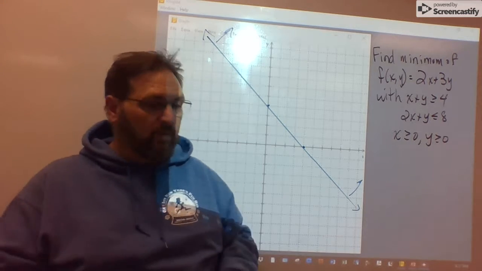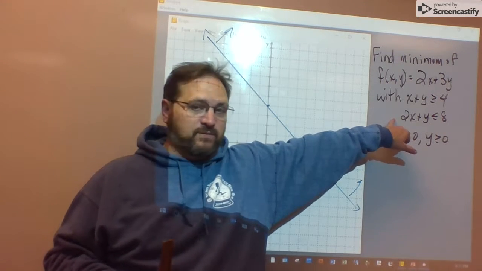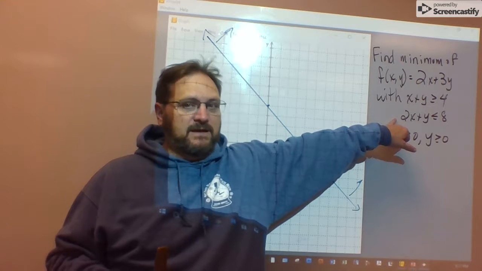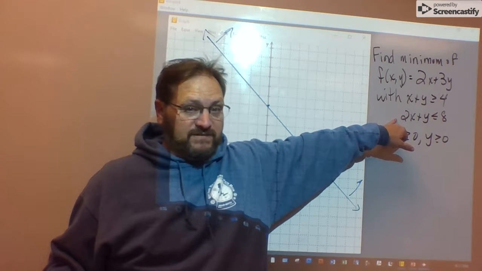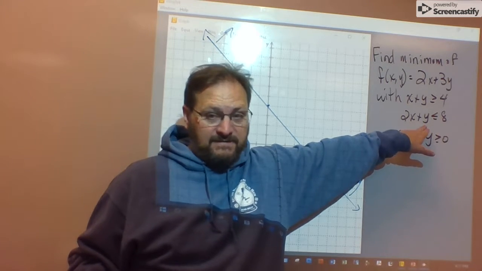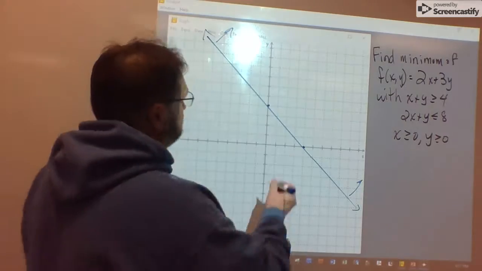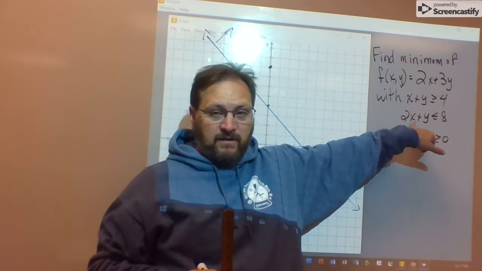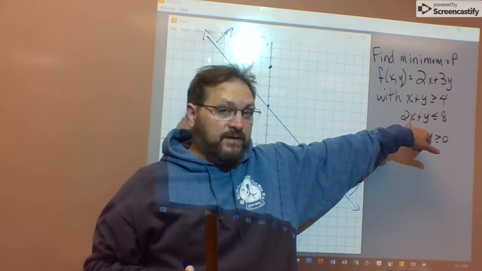In the end, that's where we're going to get our shaded region. Next one, 2x plus y is less than or equal to 8. Again, x and y intercepts are pretty quick. If x is 0, y has to be 8. Plot the point (0, 8). If y is 0, x is going to have to be 4. 2 times 4 is 8.